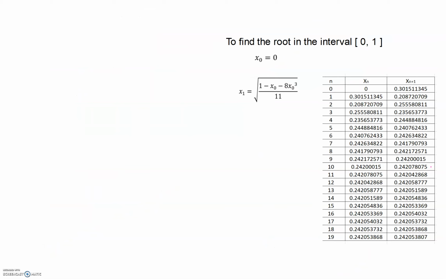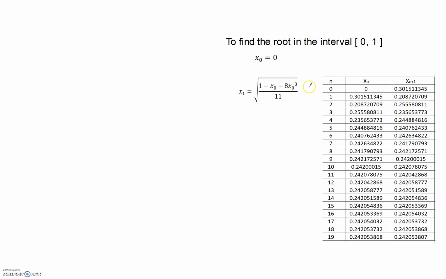So before we look at how this works graphically, we're just going to look at the use of the iterative formula. We're going to have that x0 equals 0. We're going to find the root in the interval 0, 1. And we're going to generate x1 by substituting x0 into our iterative formula.